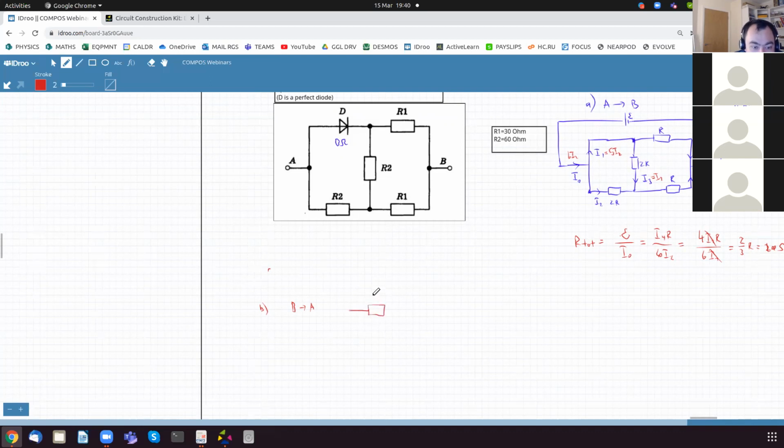We've got 2R, yeah, because it's 60. Then we have 2R, then we have R, on the bottom we have R, and that's it. So this is 3R in total, this is R.